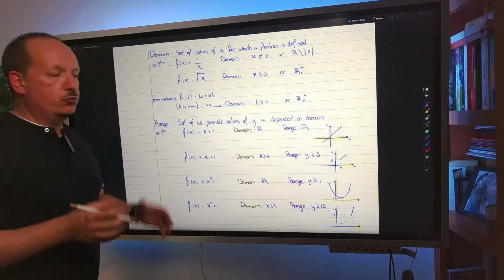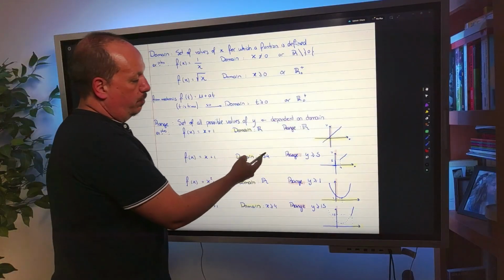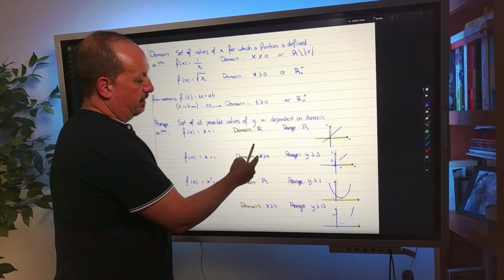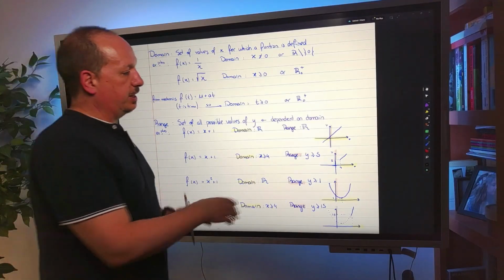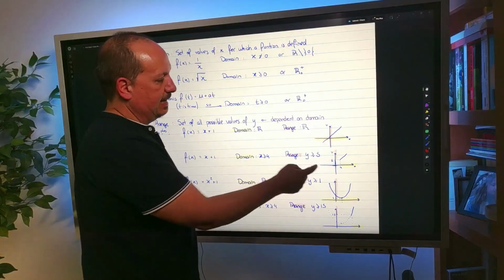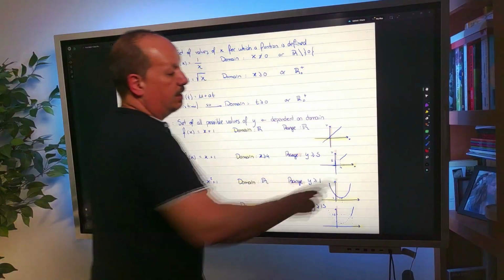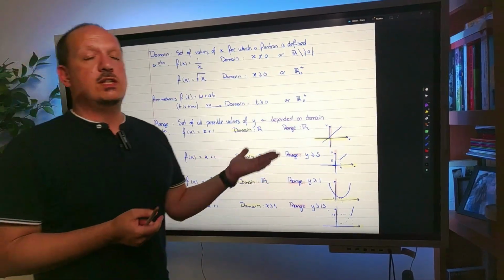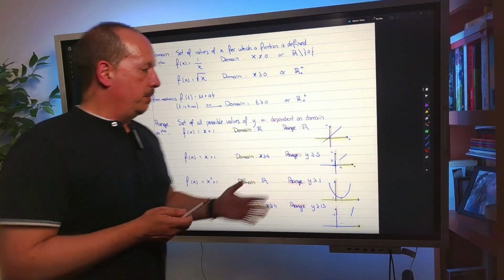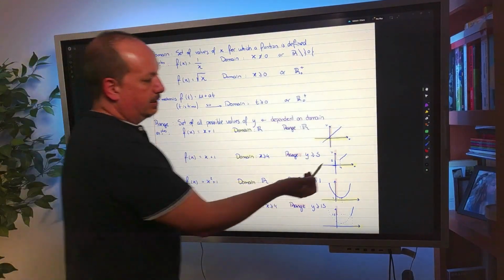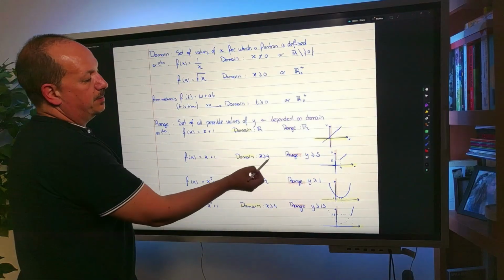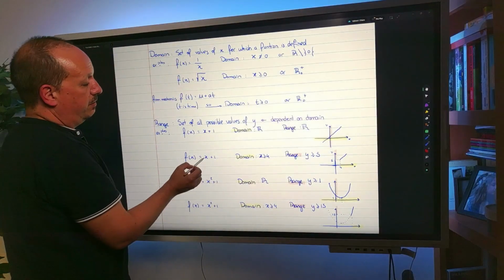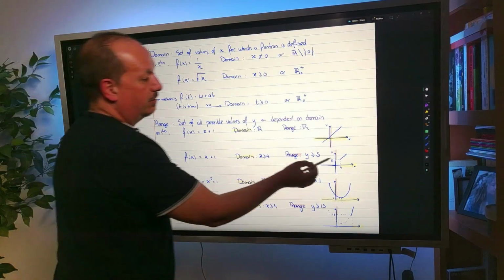But if for some reason I decide that the domain of the function is x bigger or equal to 4, so I'm restricting the values that x can take from 4 onwards, then this is going to have a consequence on the range, because the minimum value that you can get on the y occurs when I just plug the minimum value of x over here. 4 plus 1 is 5, right?